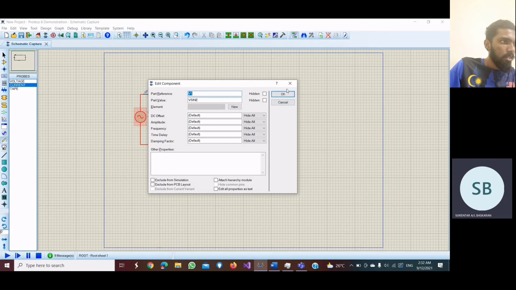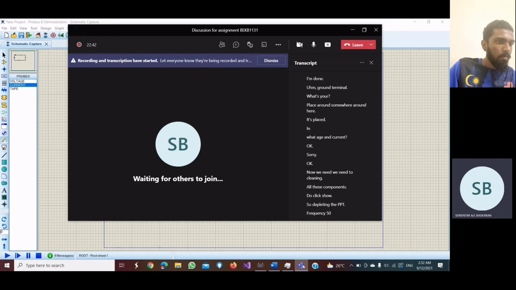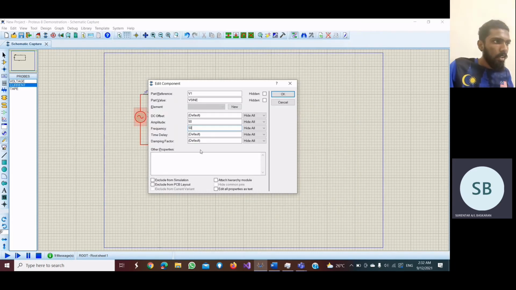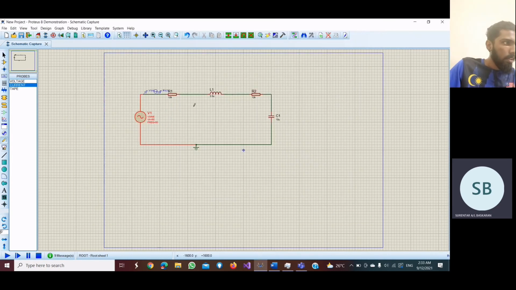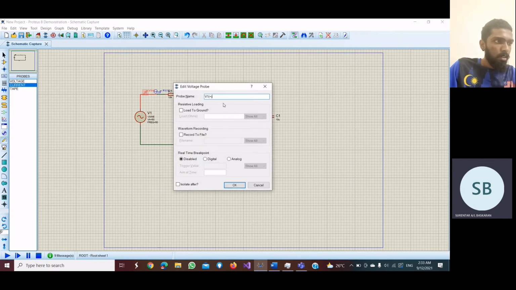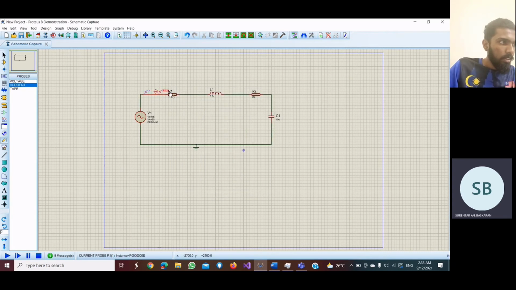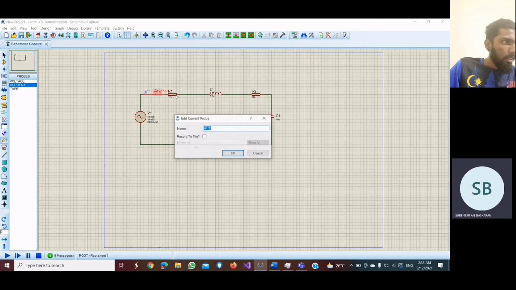Click here, set amplitude 50, frequency 50, show all. Then we rename this to SEM1, V, and the current as I.